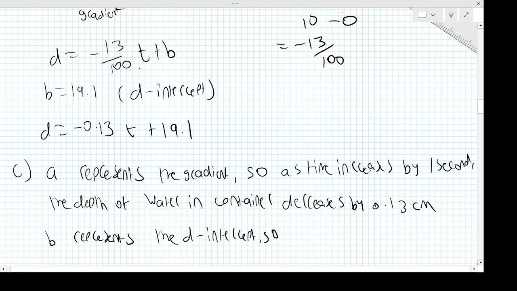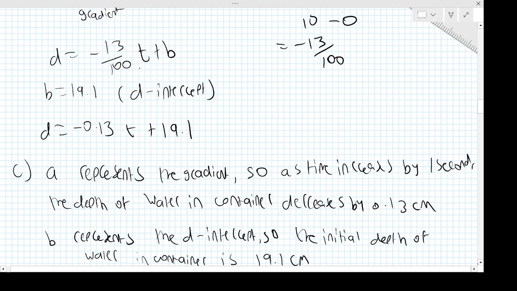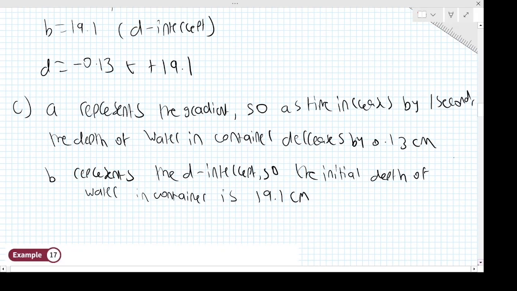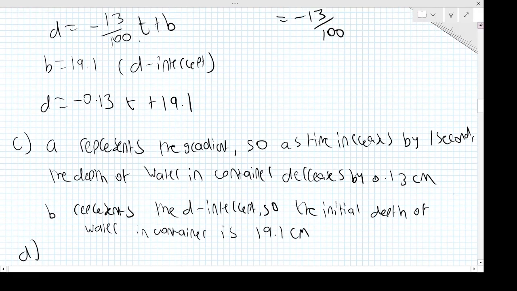So the initial depth of water in the container, which is d, is B, the d-intercept, and that's 19.1 centimeters, because B is 19.1. So that's the initial depth of the water in the container. So that's what that means. Okay, cool. So I think that makes sense.